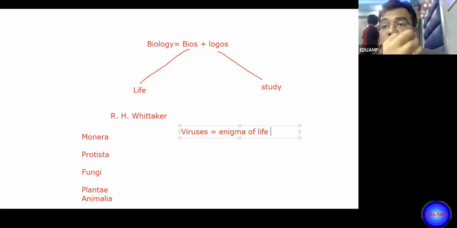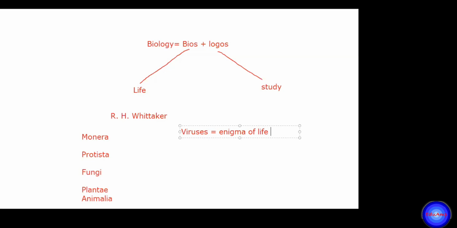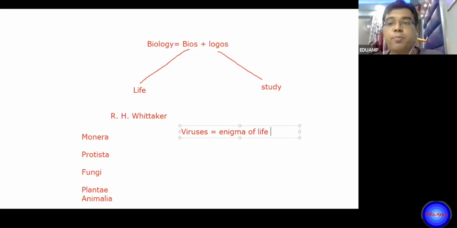That is, outside the body, they are non-living. Inside the body, they are living. So when they are outside our body, when they are present on a chair, when they are present on a table, when they are present on a bed, they are not going to be harmful to us. They cannot do anything.